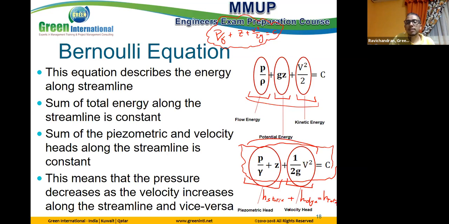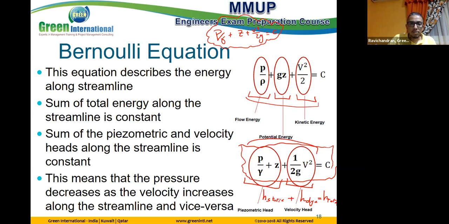The piezometric part is the static part, the velocity part is the dynamic part, or H dynamic. And this total energy, the total head, is equal to a constant.